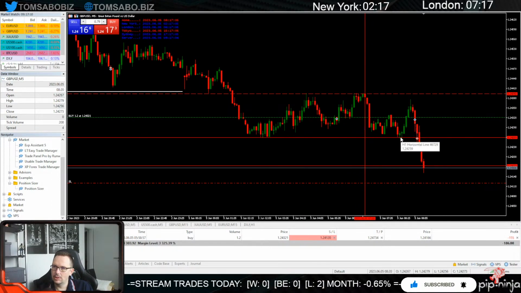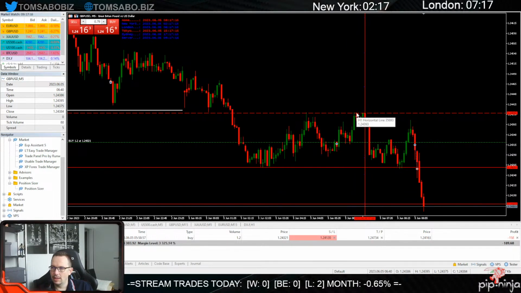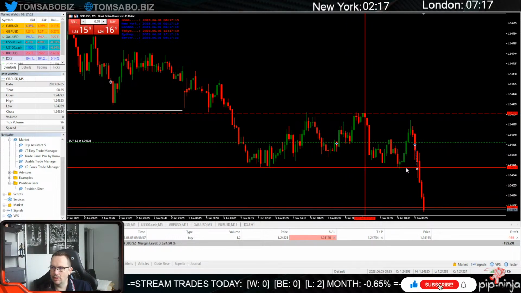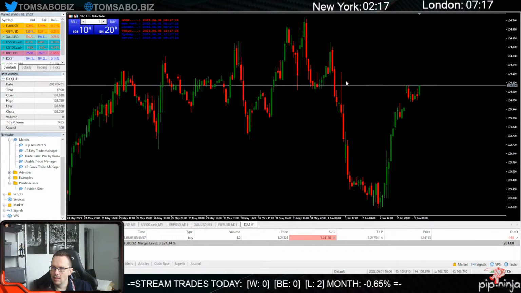You know, swept some liquidity, broke structure, equal highs up here. I'm perfectly satisfied, even though I've lost this one. I'm perfectly satisfied with this trade. The dollar index is playing some nasty, dirty game there.